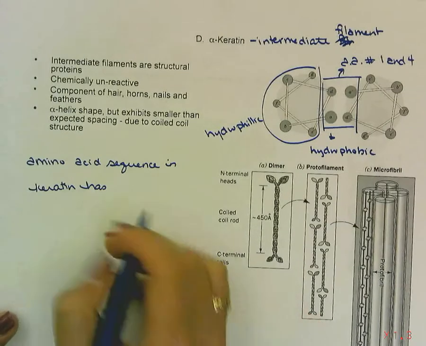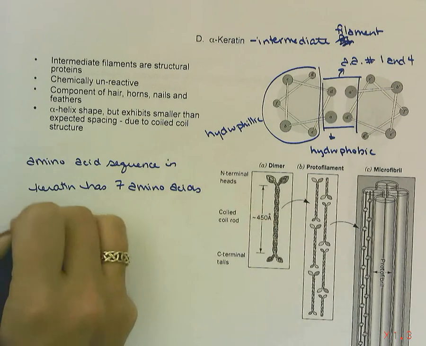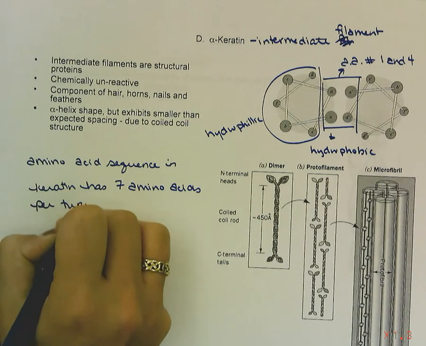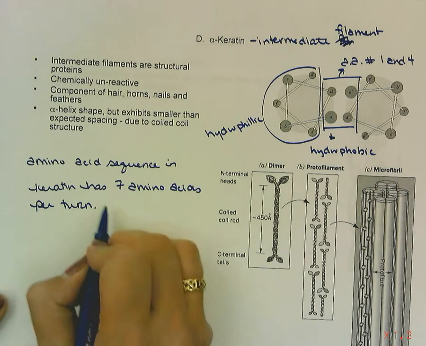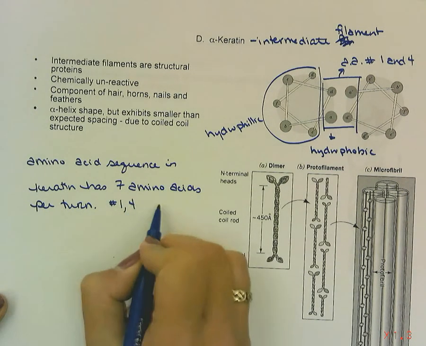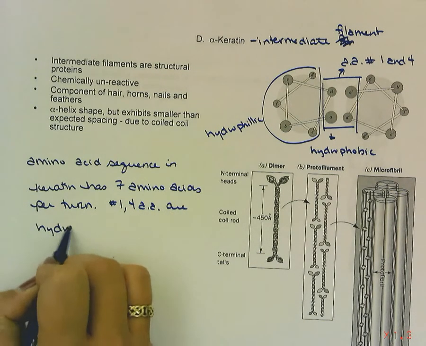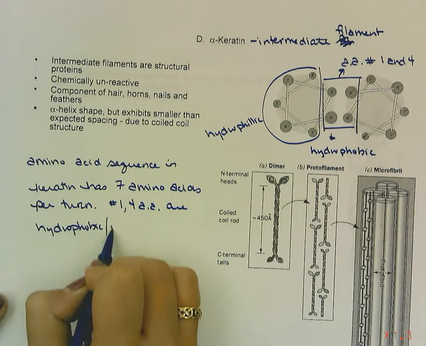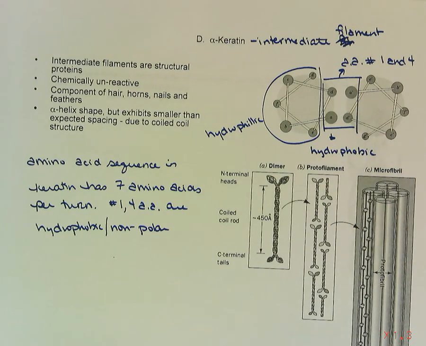So it's going to have 7 amino acids per what's considered one turn before it starts to repeat. Number 1 of 4 amino acids are going to be nonpolar, hydrophobic, because they're on the inside of the structure.